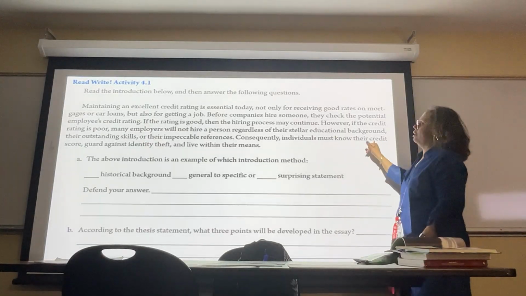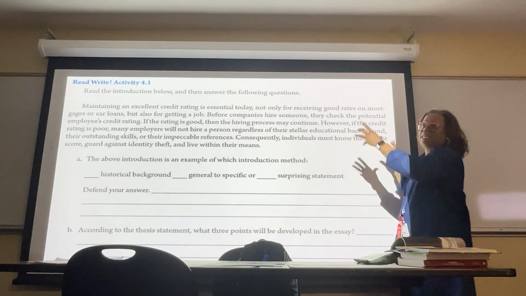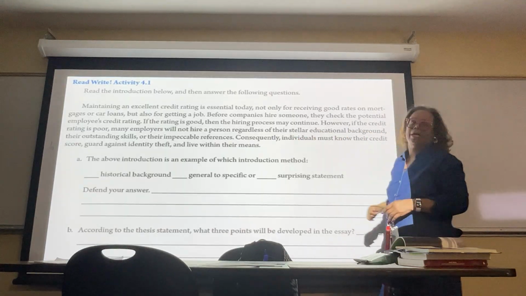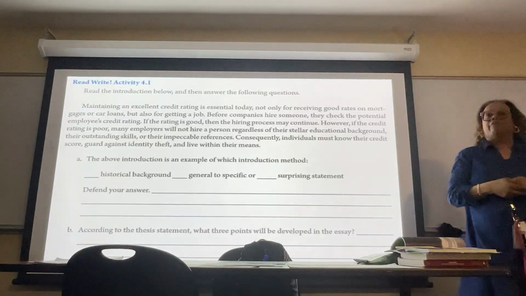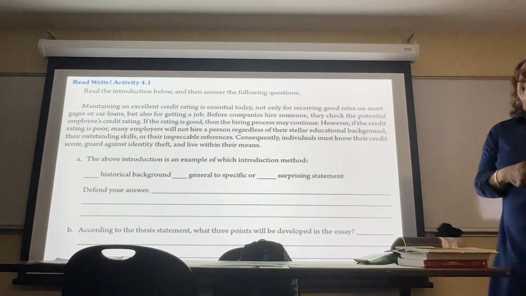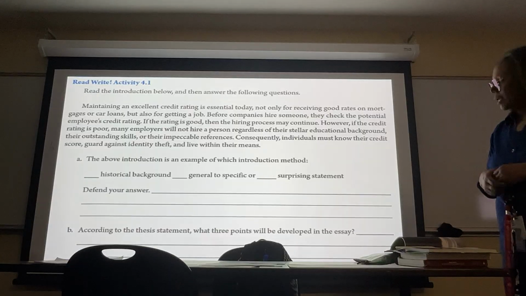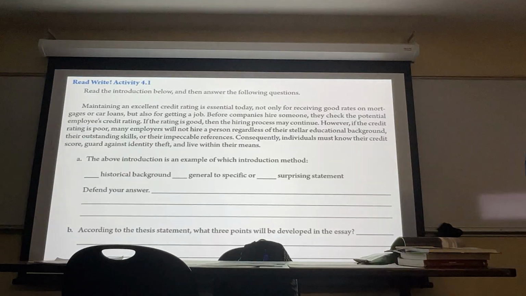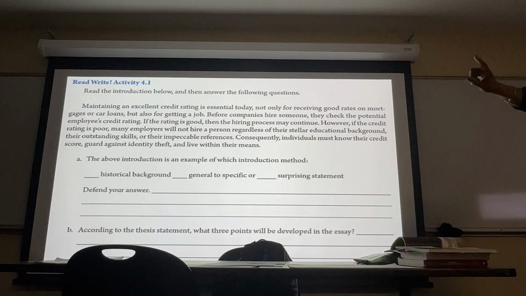One body is gonna be about individuals must know their credit score, right? What's another body paragraph probably gonna be about? Guard against their identity. Exactly, and the last one? Live within their means. Living within your means. Okay, so this essay is gonna be about maintaining excellent credit, focusing on these 3 points, okay? Focusing on these 3 points. All right.